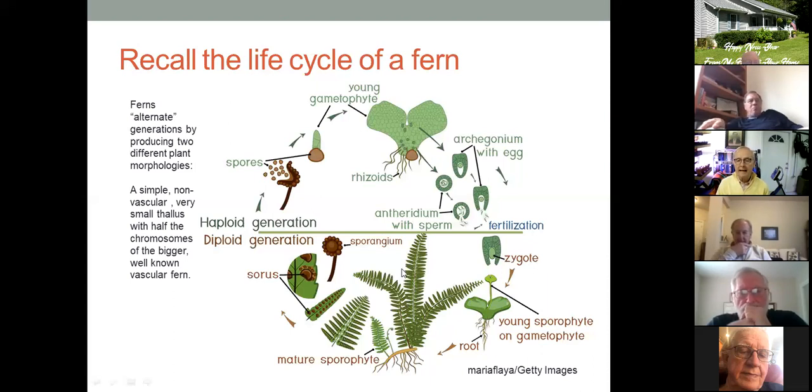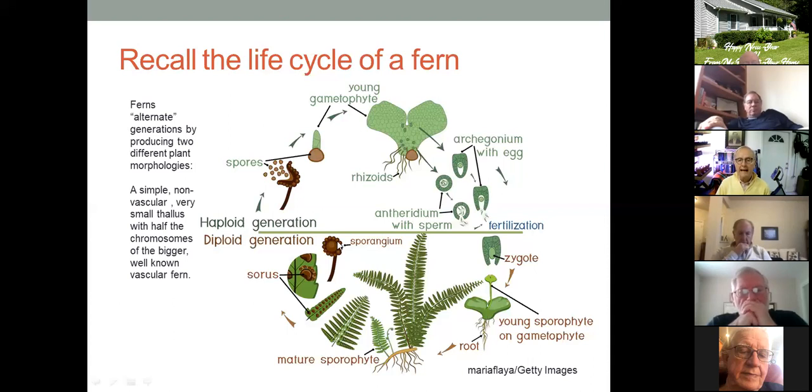And as the Boston fern, for example, matures, you'll see these little dots on the back of the leaflets of the frond. And there is a structure called a sorus, and the sorus actually is a little umbrella that protects the sporangium or the sporangia from the weather.